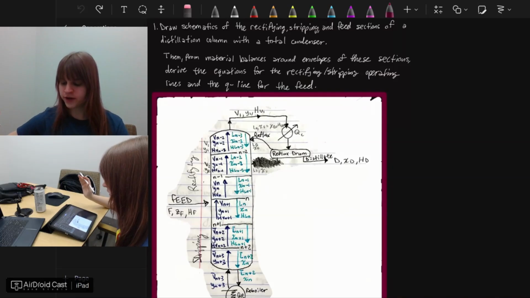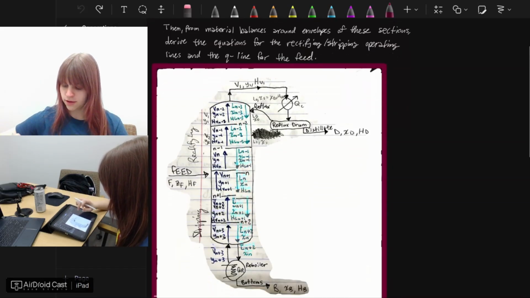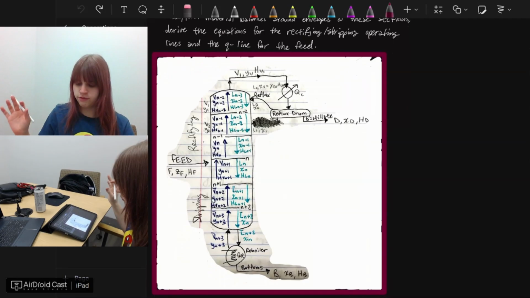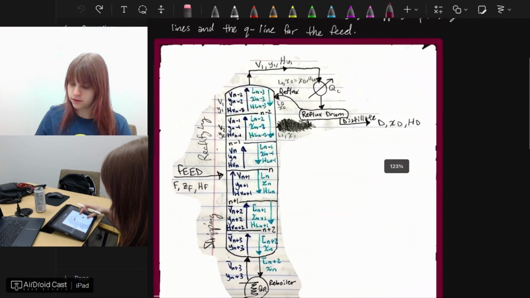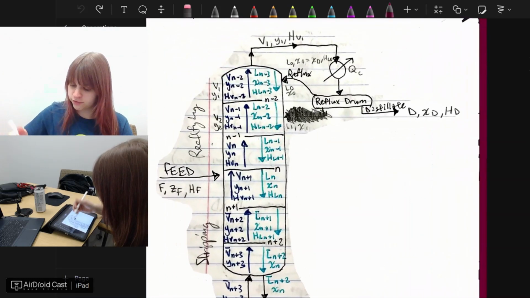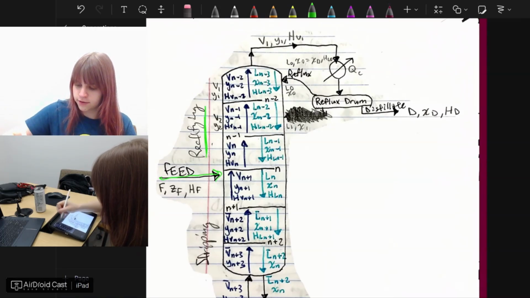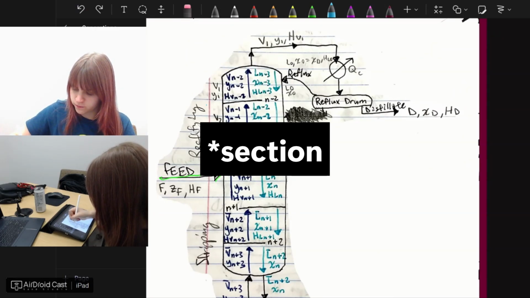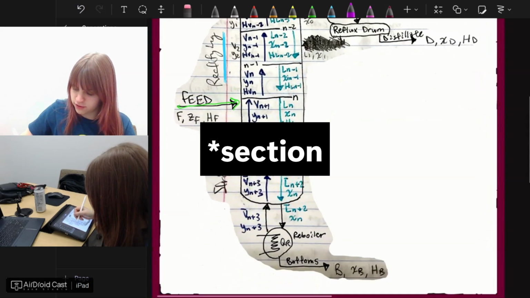Alright, so what I did was I took a photo of a diagram of a distillation column from my notebook, and as you can see, lots of stuff written here, but we're going to break it down further. Up here above this feed line, we have the rectifying stage, and below the feed line we have the stripping stage.